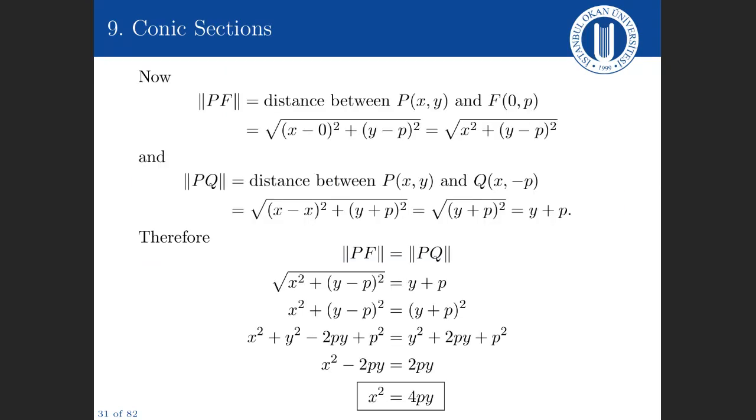Now, we can do our calculations. The distance between P and F, using the coordinates on the picture before, we can find is the square root of x squared plus (y minus p) squared. The distance between the point P and the directrix is y plus p. And using the rule that these two must be the same, and rearranging this, and I'll leave this for you to check later, we obtain the equation x squared is equal to 4py.